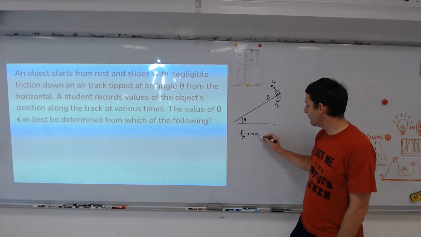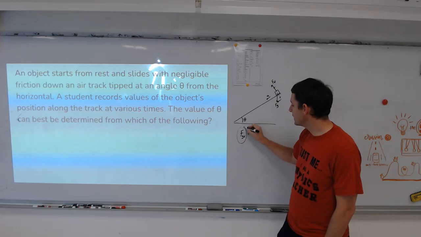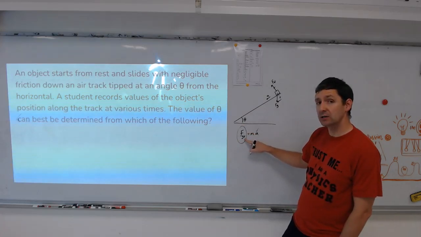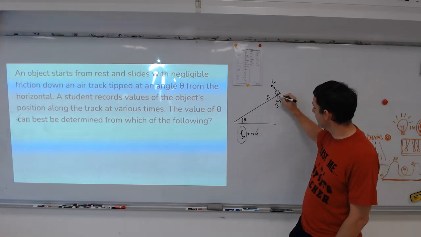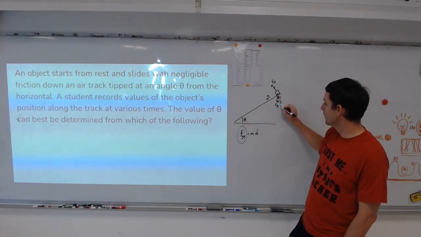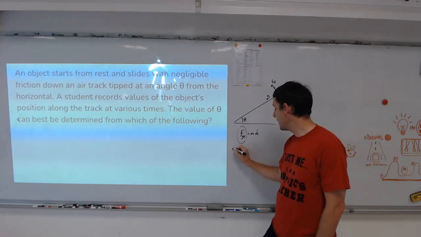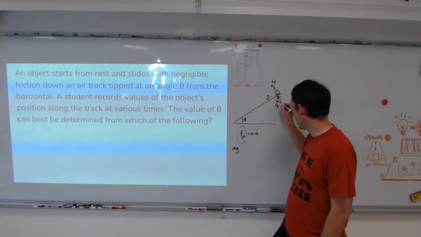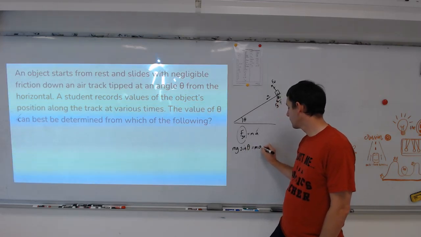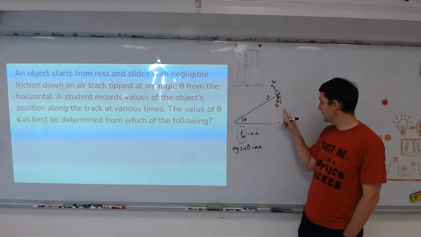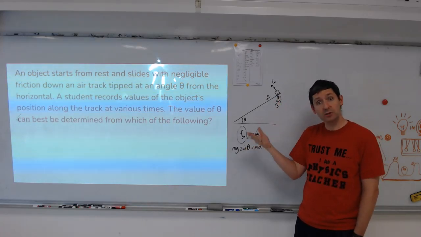Once we have calculated the acceleration, then notice that the F_gx, the horizontal component of gravity, is going to be equal to, remember this theta is that theta right there, that is the opposite. So this is going to be mg sine theta, which is this side right here, the opposite over the hypotenuse. The hypotenuse is the force of gravity, which is mg.